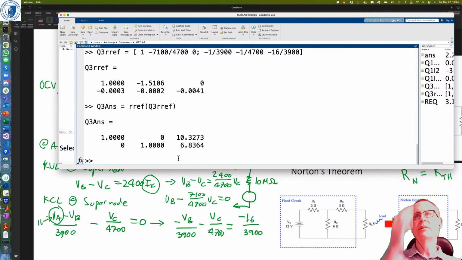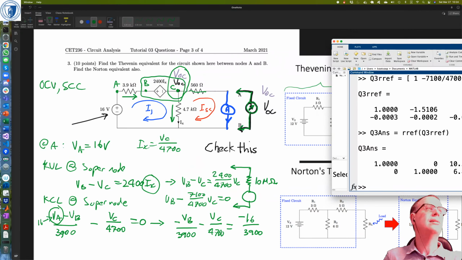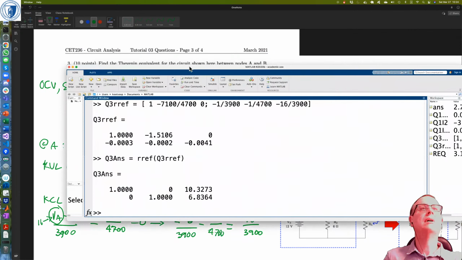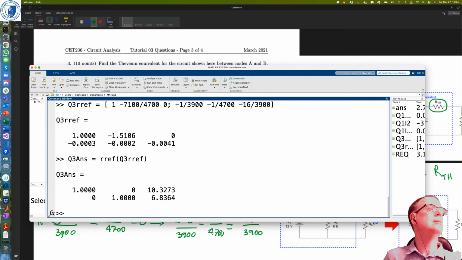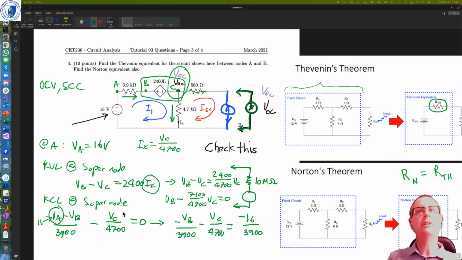Okay, so we've got VB is 10.33 volts and VC is 6.836 volts. Let me just flick that away maybe, so I can use my second screen.